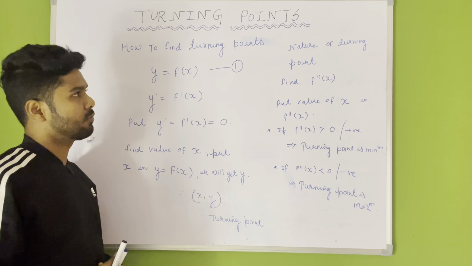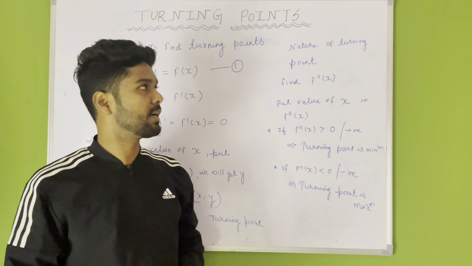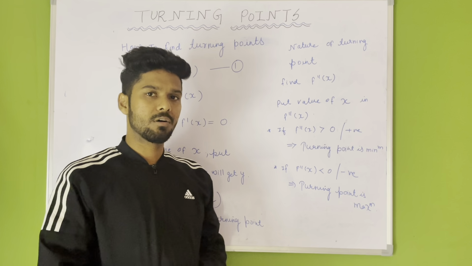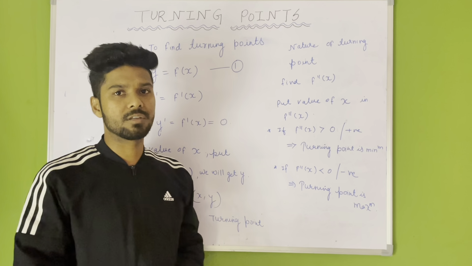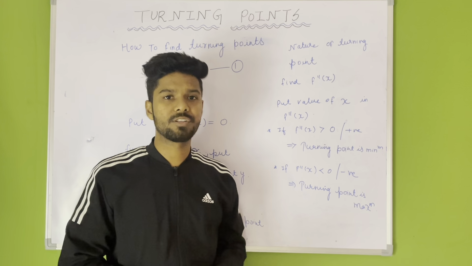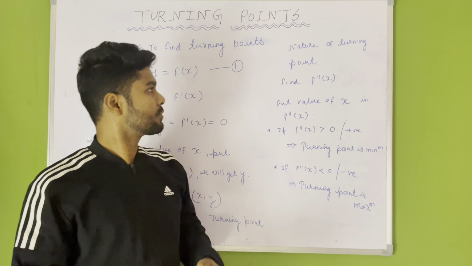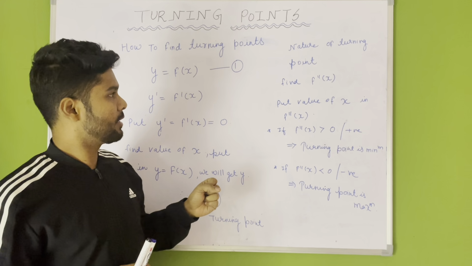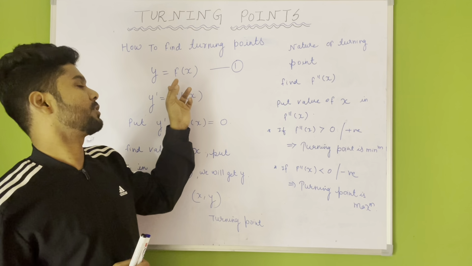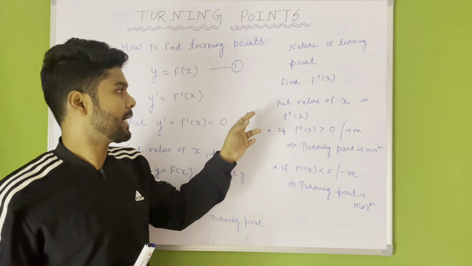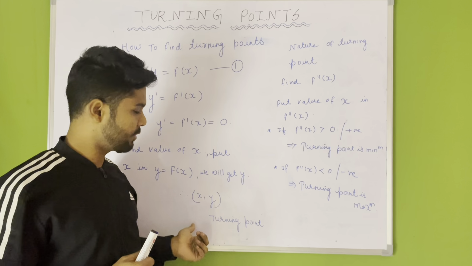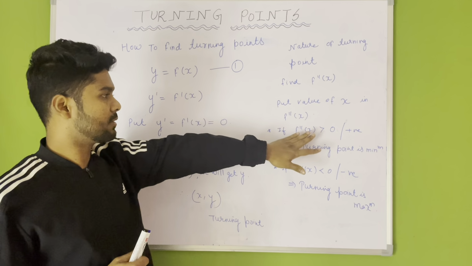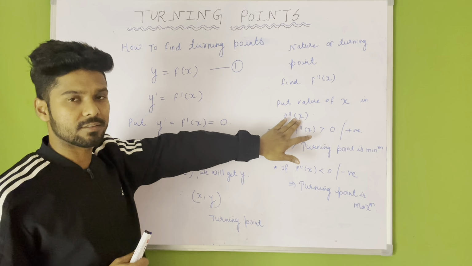Then one more concept: we also have to determine the nature of the turning point, whether it is minimum in nature or maximum in nature. For that, we have to differentiate our equation twice. The value of x that we have already determined, we put in f double dash x.